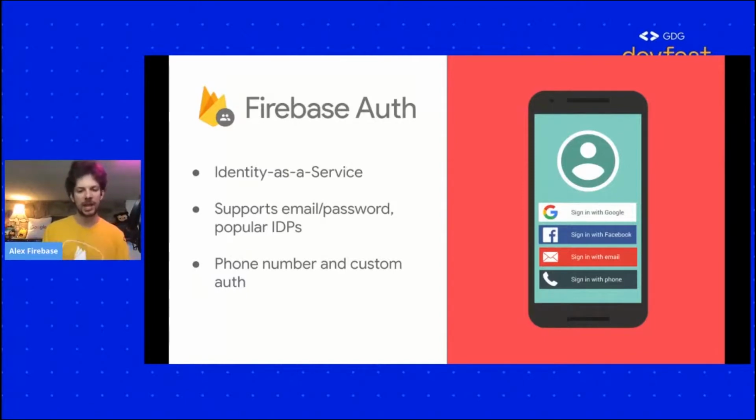Security can be planned, and there are guarantees that things won't just go hectic once in production. So Firebase Auth is probably the most important and the primordial product we have. And it's essentially an identity as a service offering.